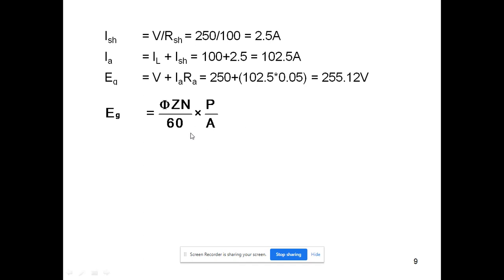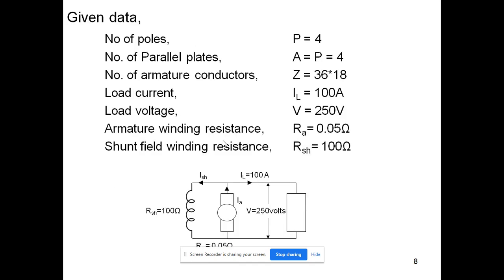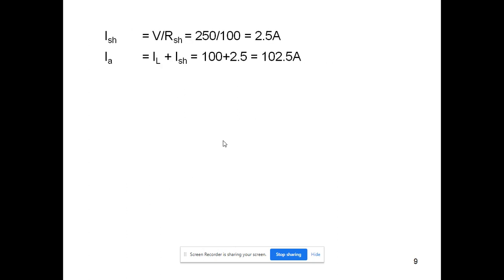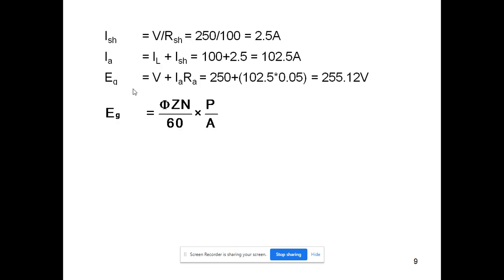And here, in order to find the speed, we have to use the equation Eg is equal to phi ZNP by 60A.